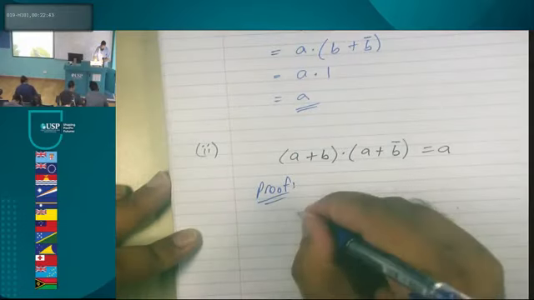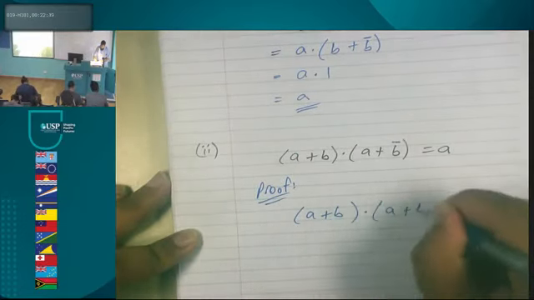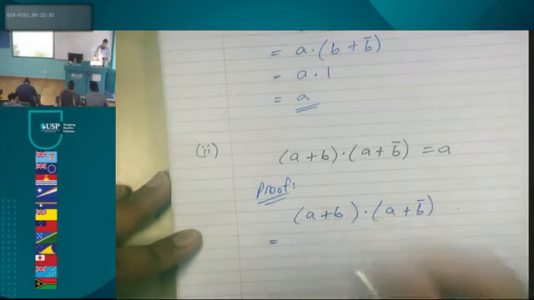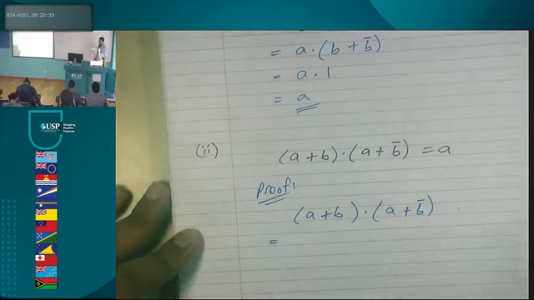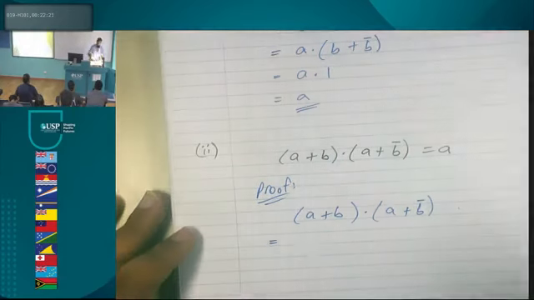All right, left hand side: A or B and A or B bar. By now, because we've got so many rules in the bag, we can possibly do some reduction. At this point we can have multiple pathways.